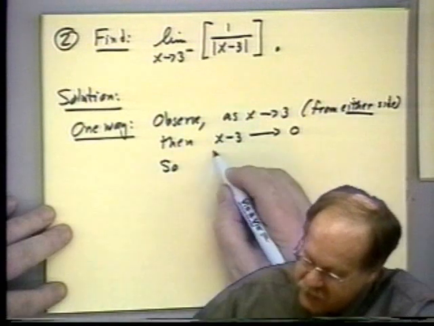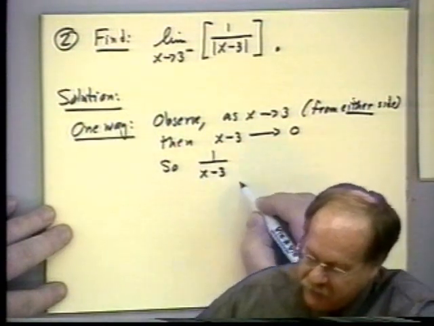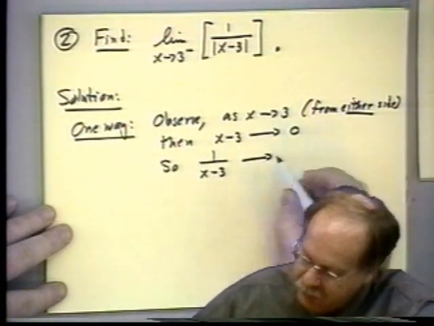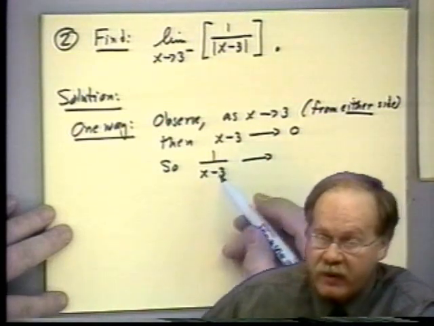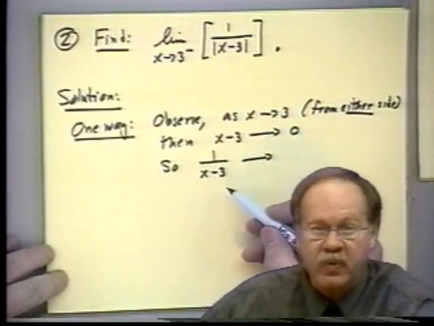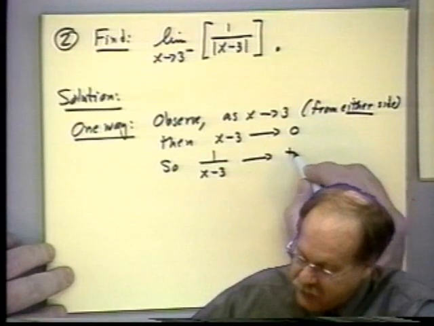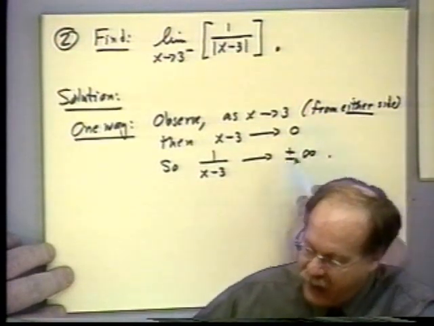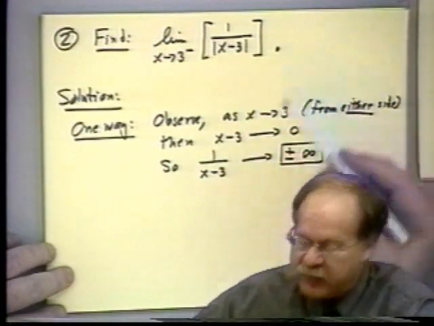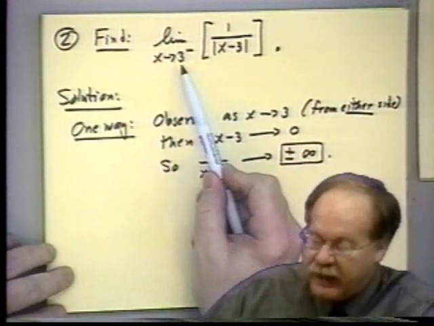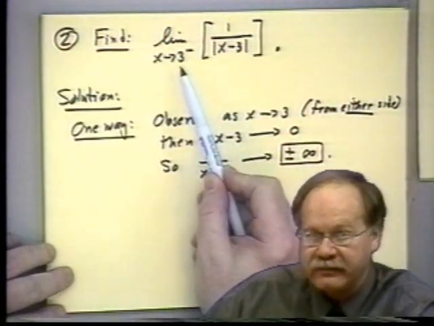So that means the entire expression without the absolute value for the moment has to approach, if the bottom is approaching 0, one of the infinities. So it's either plus or minus infinity. I know that immediately just by looking at the picture, not even paying attention to which direction I'm coming.